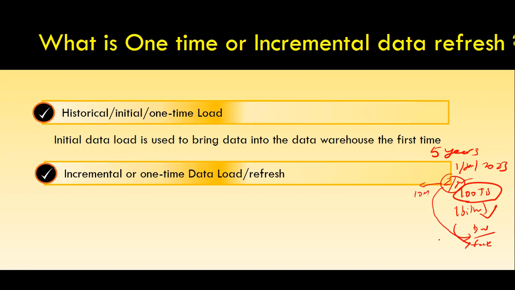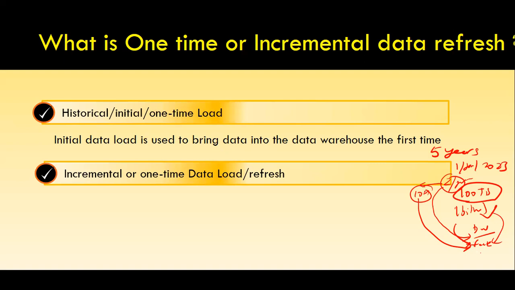Only this 10 million should get loaded in addition to the 1 billion records you already loaded. This fact table already has 1 billion records in it, and in addition you need to load these 10 million records.